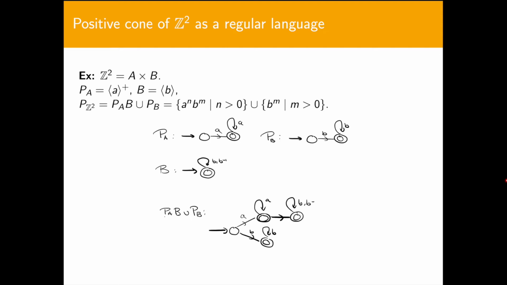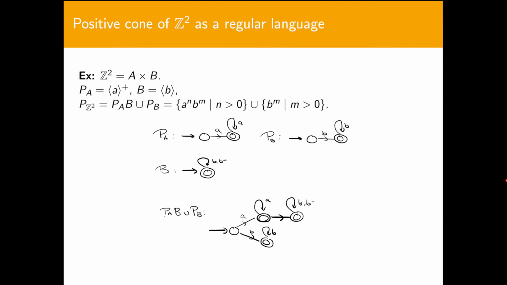And you can see here an automaton that accepts only positive A's, an automaton that accepts only positive B's, an automaton for P, and then P_AB and P_B is just a combination of these automata on the top.